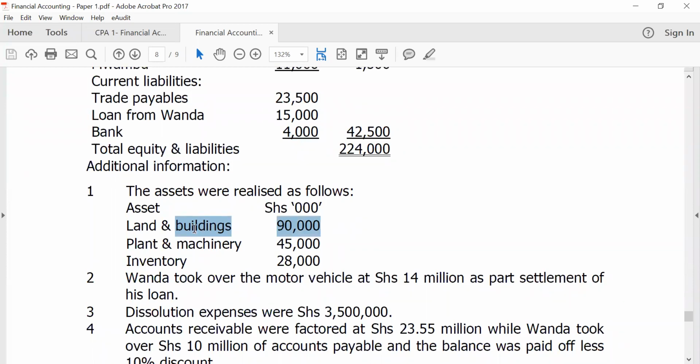So the double entry for realizing these assets will be to debit bank, because money is coming in through the bank, and we credit realization with this amount for land and building.